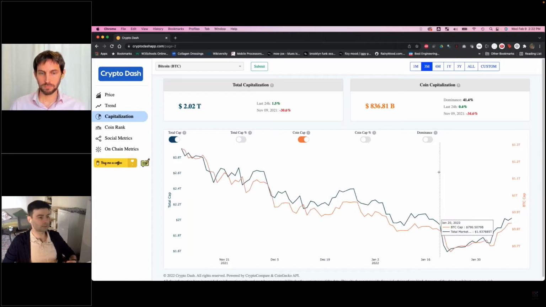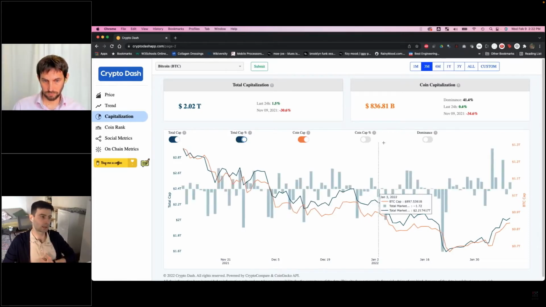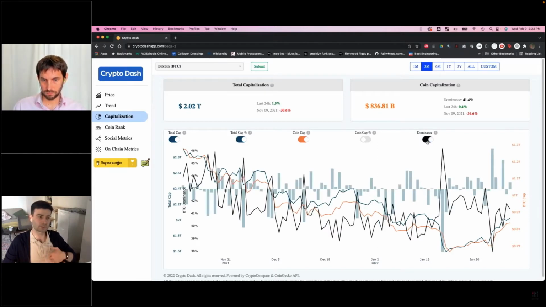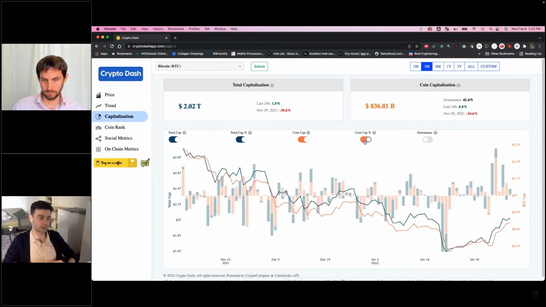And when we look at this chart here, we see how it's evolved over time as lines. By default, we have the total capitalization and coins capitalization. And if one wants to compare the daily percent differences, it is possible to overlay the bars. And that way we can quickly identify when the market has a, let's say, a good raise, but Bitcoin didn't follow.